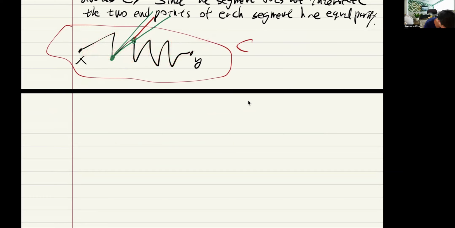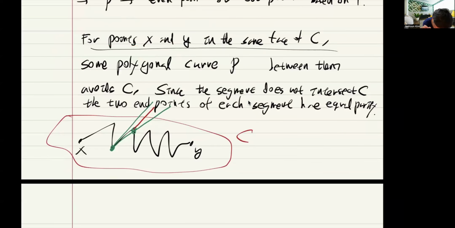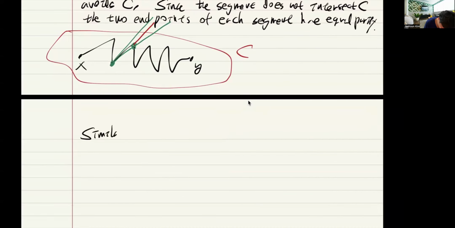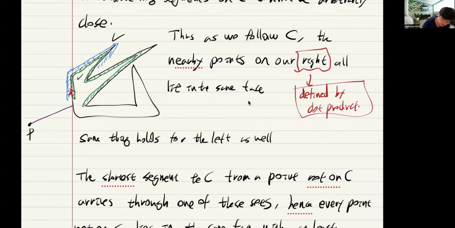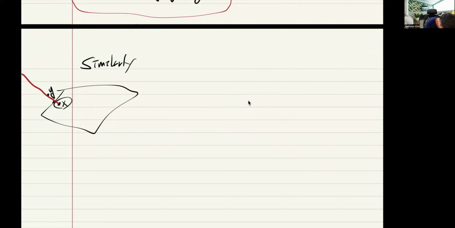Okay, but now what? It shows that all the points in the same phase have the same parity in terms of this F. But in a similar way, if you have C, then you take points X and Y, one on the right and one on the left, which lie in this blue region and then the green region. And then you can take a ray passing through X and Y. Or maybe it's better to draw it this way.